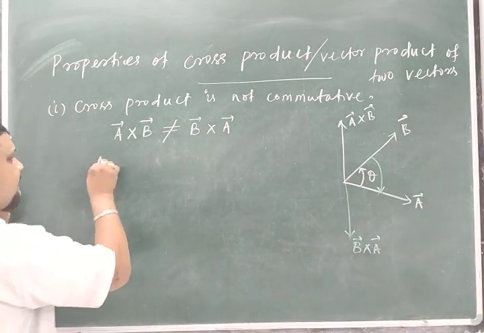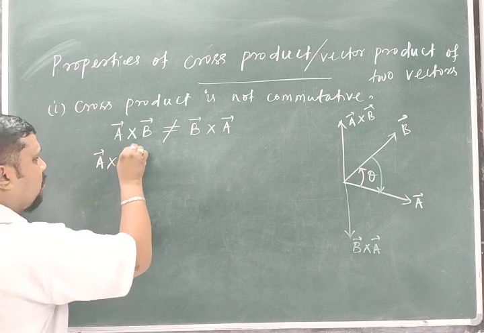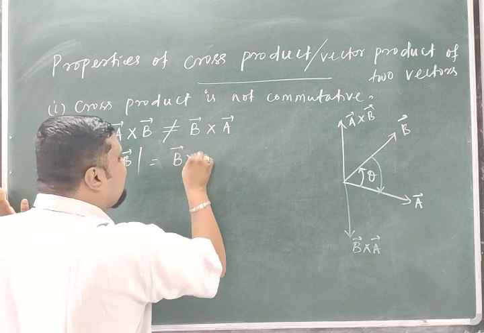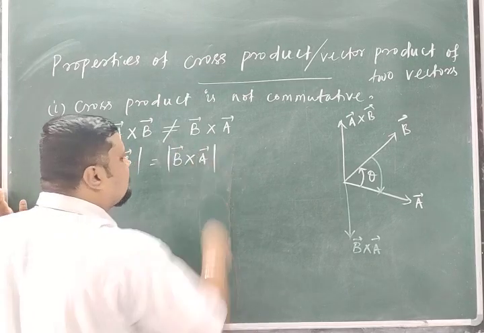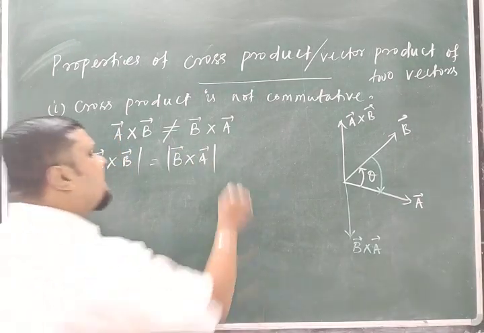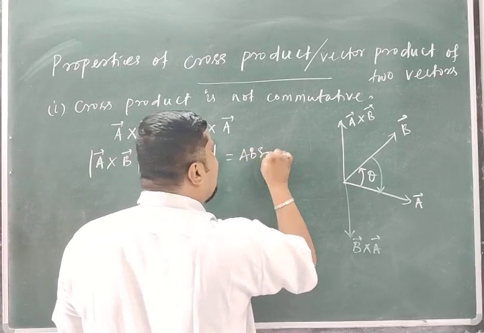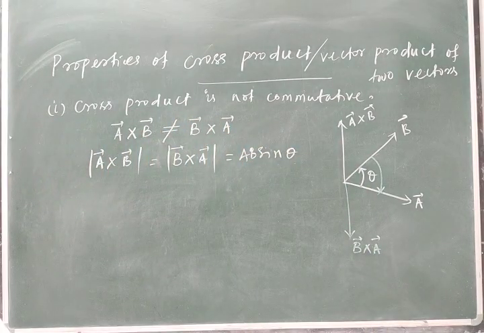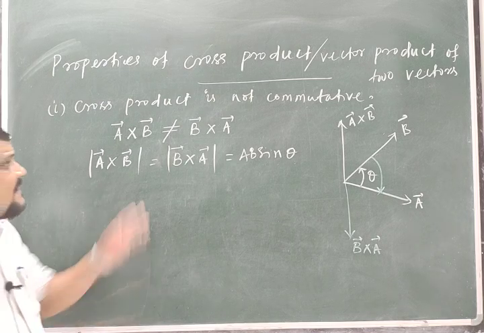So the magnitude of A cross B is equal to the magnitude of B cross A. You can write that as AB sine theta or BA sine theta. That is true, right? But what is the angle between A cross B and B cross A?